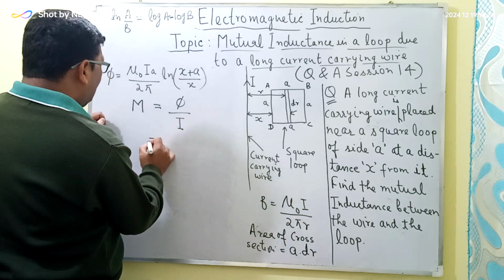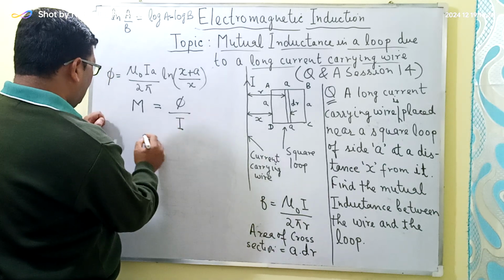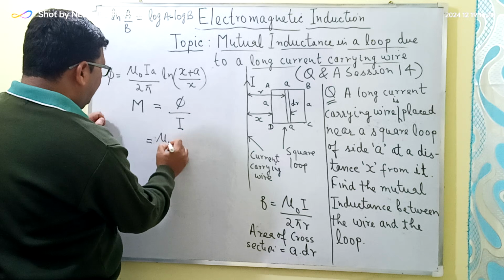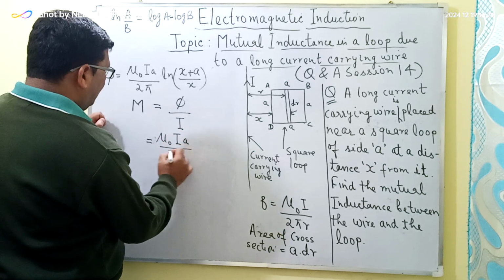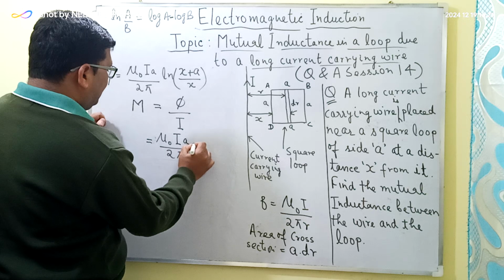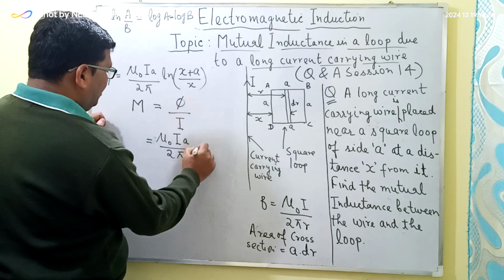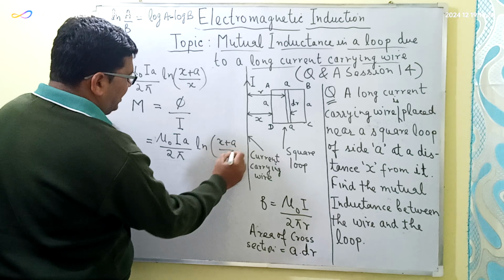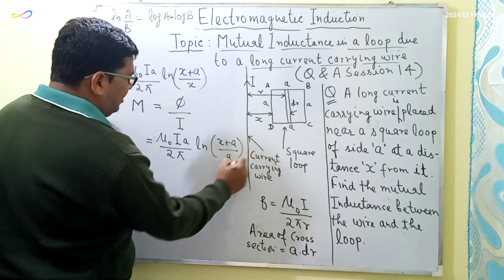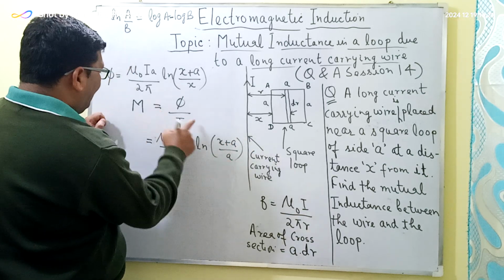So this is equal to mu naught I a upon 2 pi, log x plus a divided by x, and divided by I.